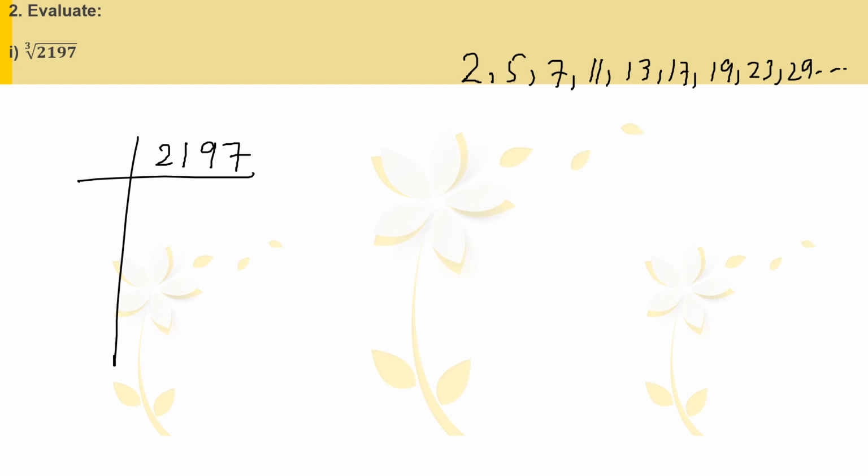When you check these numbers, 2197 is not divisible by 2, neither by 5, 7, 11, and when you check 13, it is divisible by 13.